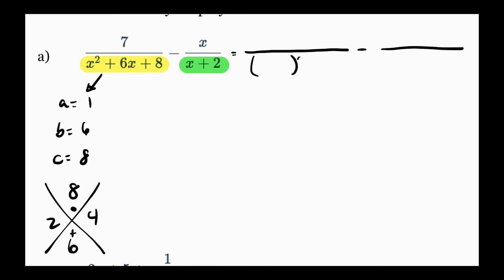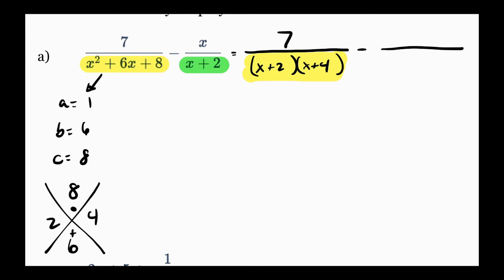So we're going to put those up here: x plus 2, x plus 4. That's the new yellow. It's the same thing as the old yellow, it's just factored. And then there was a 7 above it. That 7 we haven't done anything with, so I'm just going to write the 7 right there. Now we're done with that.